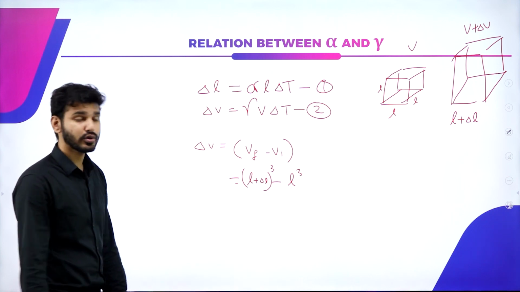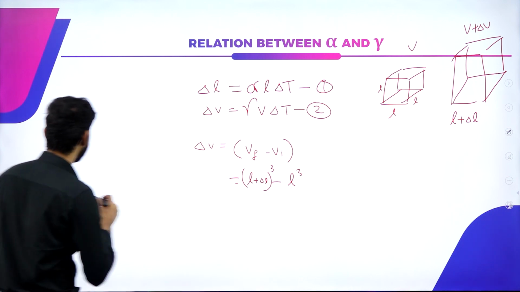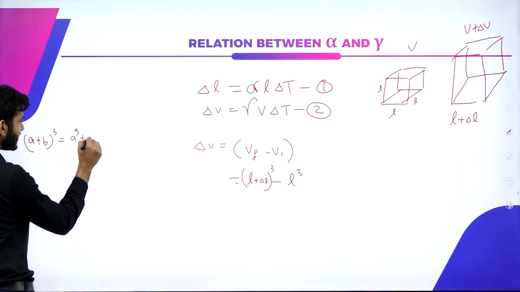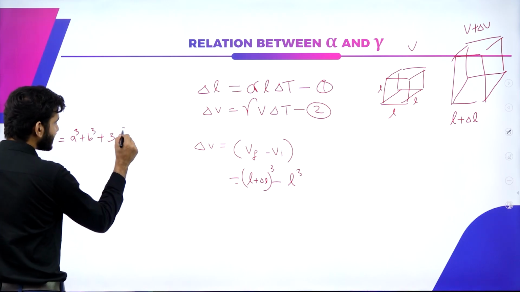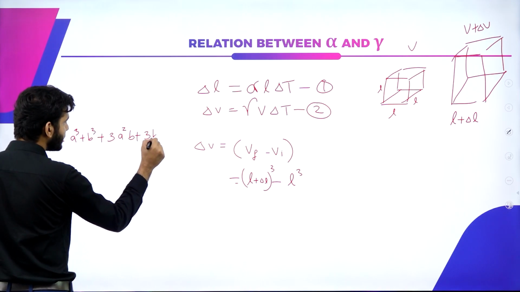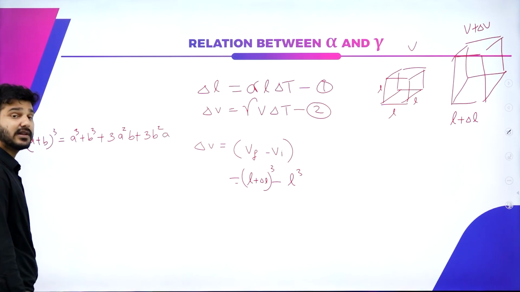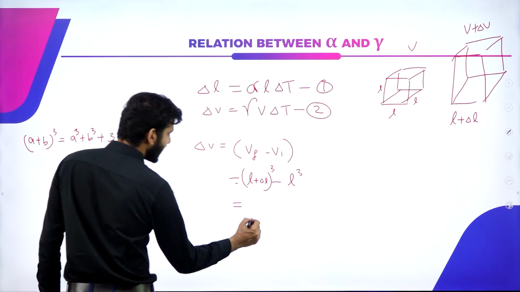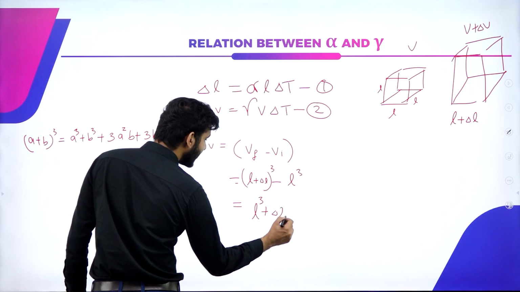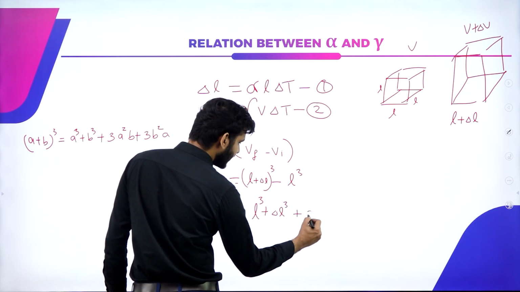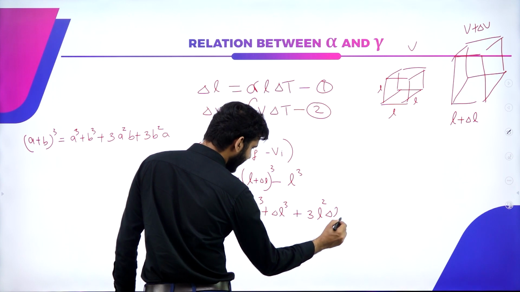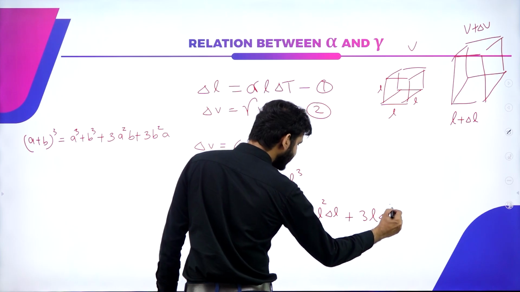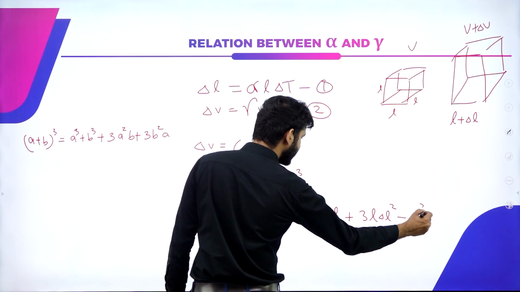So L plus delta L whole cube is, since a plus b whole cube is equal to a cube plus b cube plus 3a square b plus 3b square a, we can use that result here and say L cube plus delta L cube plus 3L square delta L plus 3L delta L square, minus L cube.